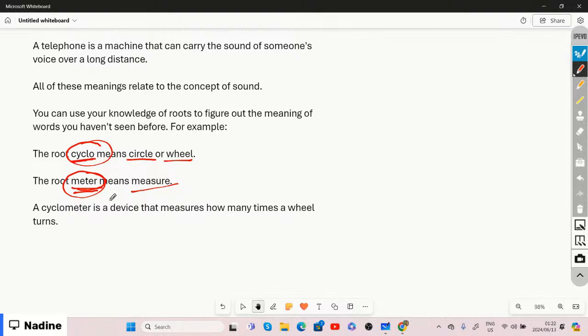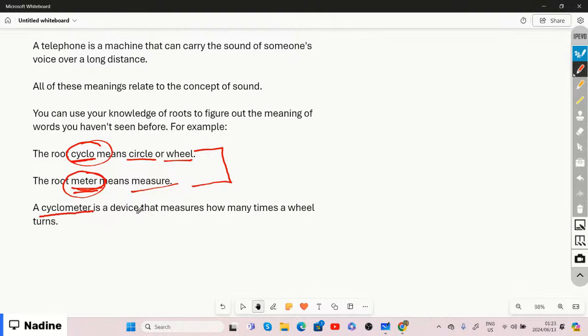And we're going to get to a few examples of words with cyclo and words with meter. Cyclo means circle or wheel. Meter means to measure. But you can also put those two words together, like, for example, a cyclometer.